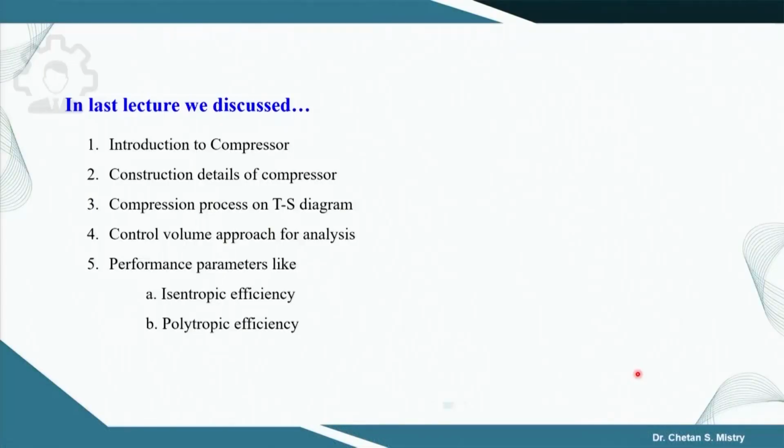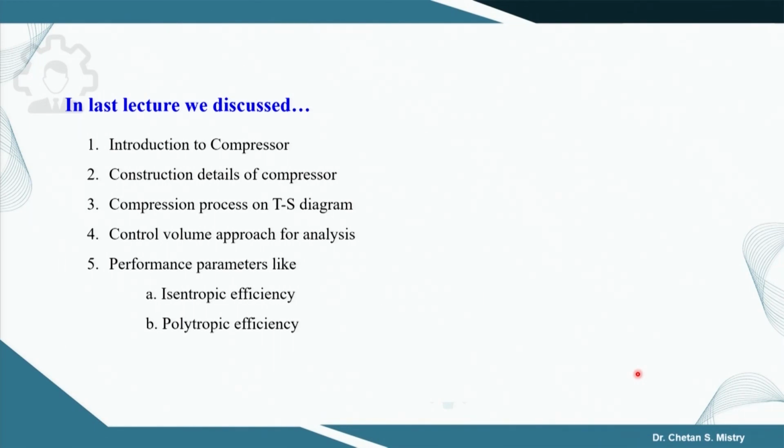So, what we were discussing in the last lecture was the component called compressor. We were discussing the construction details of the compressor. Then we discussed the compression process on the TS diagram. We tried to analyze the compressor using the control volume approach, because that is what we need for fundamental understanding.